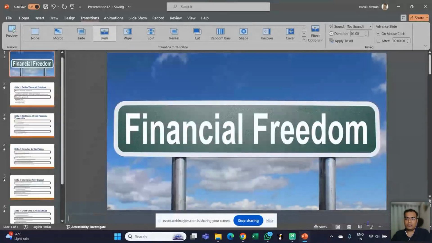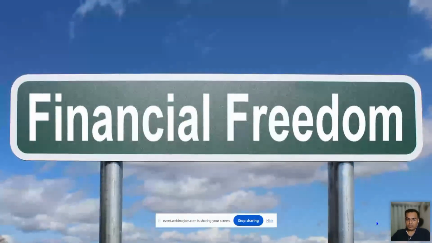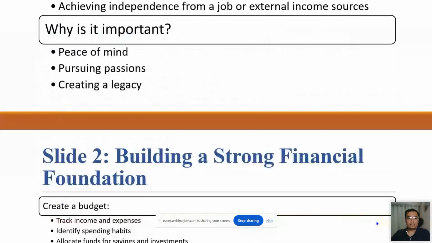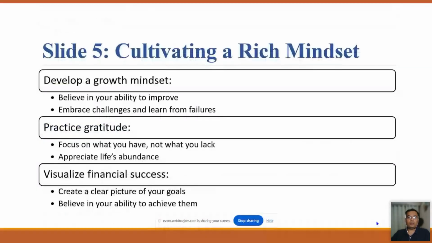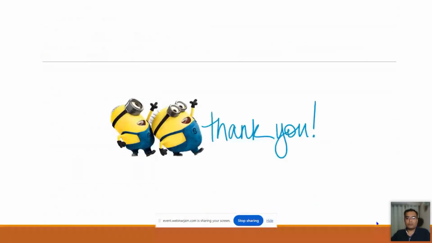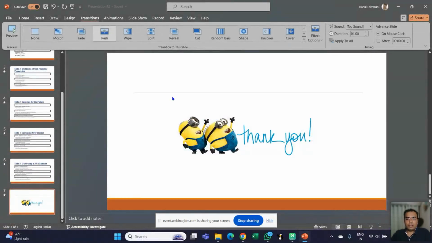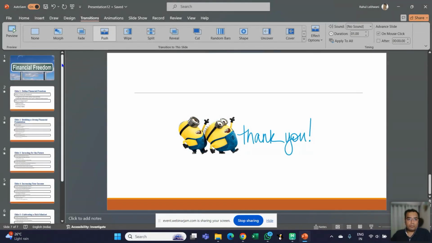So my presentation is actually ready with the transition that is required. This is the easiest way of creating a presentation in PowerPoint, and again, this is without using any kind of AI tool. These are the options already available in MS Office.